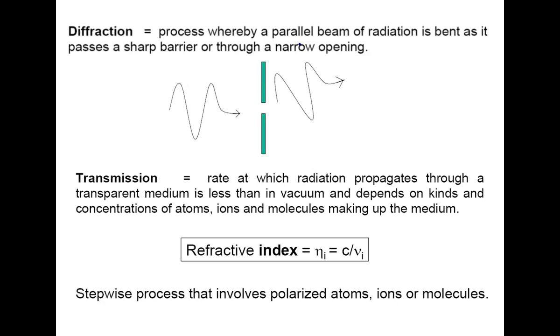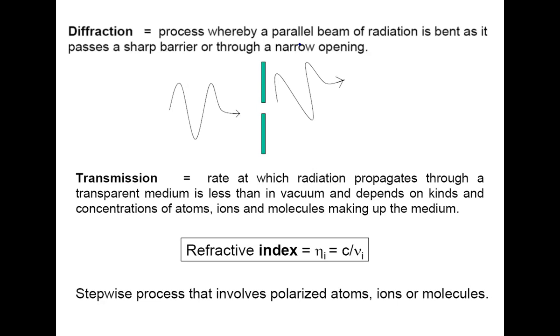Now let's deal with transmission. We used transmission. What was the formula again? T equals P over P naught, all right? And what's the relationship between absorbance and transmission?